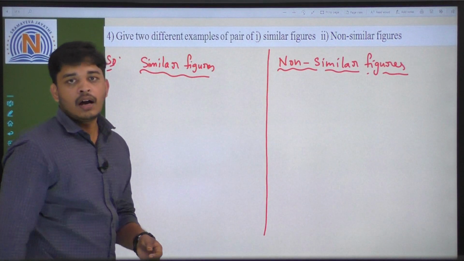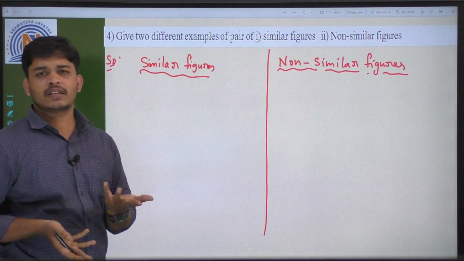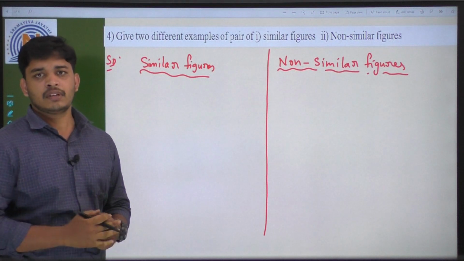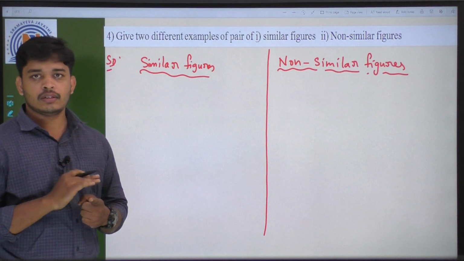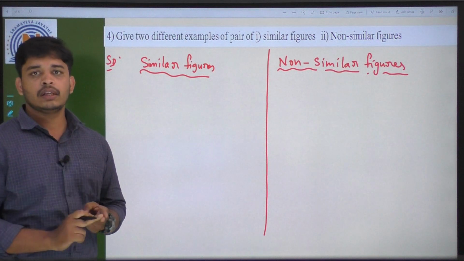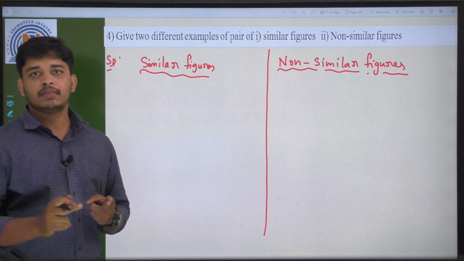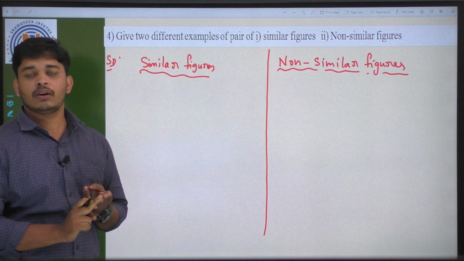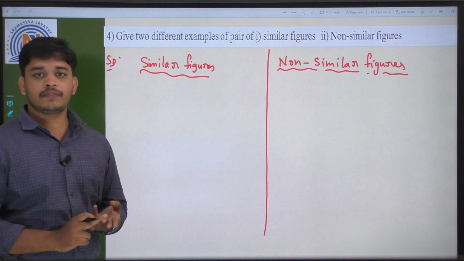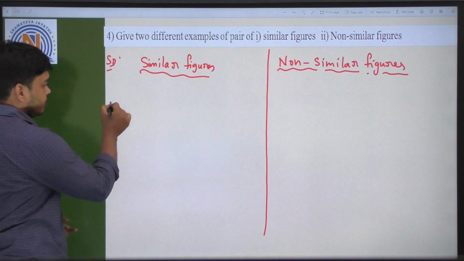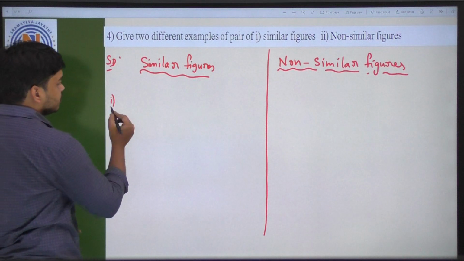See here, children, what are some examples of similar figures? All squares are similar figures, all equilateral triangles are similar figures, and all circles are similar figures, right? So we are giving many examples.